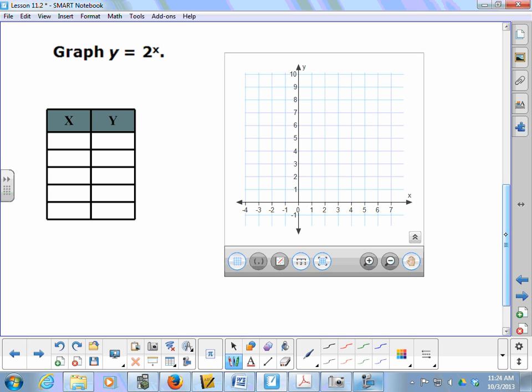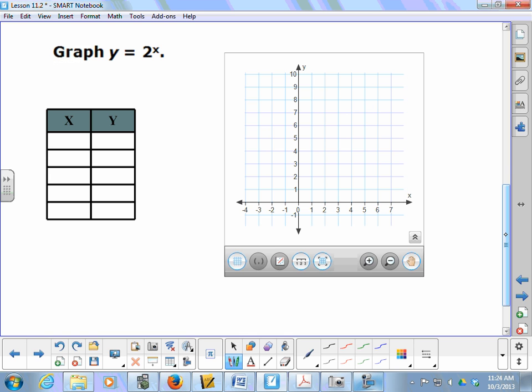Okay. Y equals 2 to the x. This was a good one. So we start out and make a table. All right, we're going to choose 5 or 6 values for x, whatever you want to do.